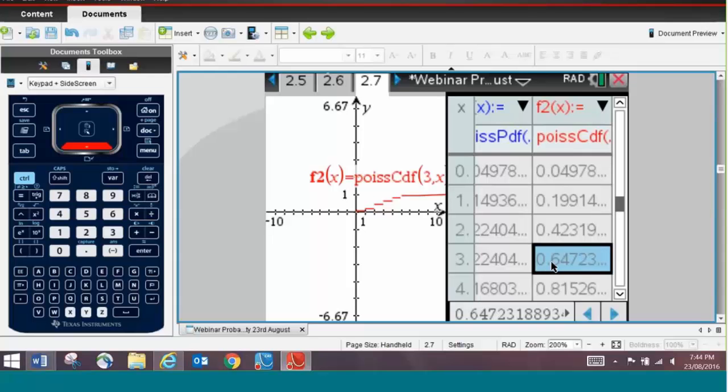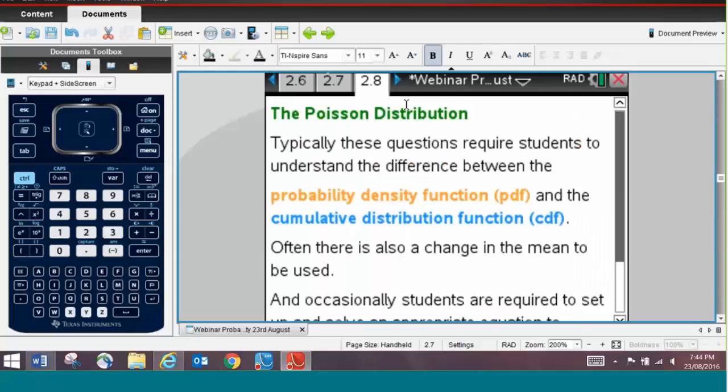Okay, so moving on. As Virginia said, the Poisson distribution comes up quite a bit in the high-level course, and typically there are two types of distinctions that the examiners try to make where the students understand the difference between finding the probability at a particular x value or finding a probability up to a particular x value.